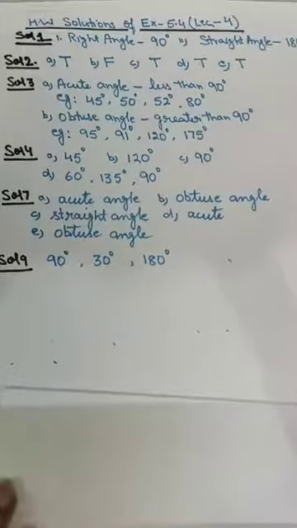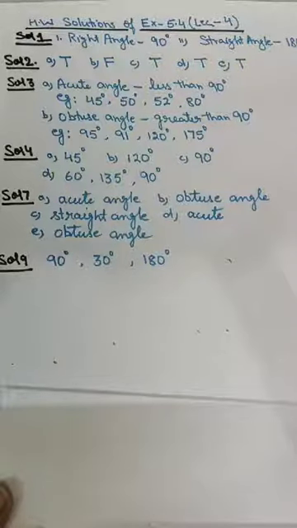Second question, that is true false. The measure of an acute angle is less than 90 degree. That is true. The measure of an obtuse angle is less than 90 degree. False. Obtuse angle is always greater than 90 degree. The measure of a reflex angle is greater than 180 degree. That is true.